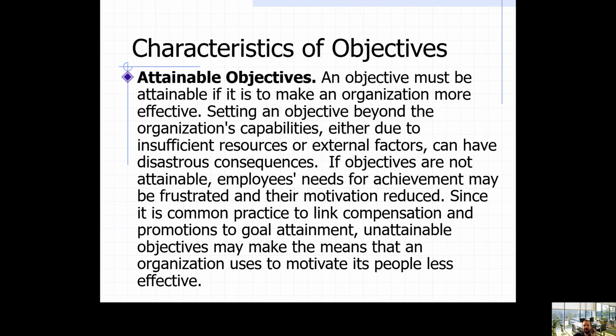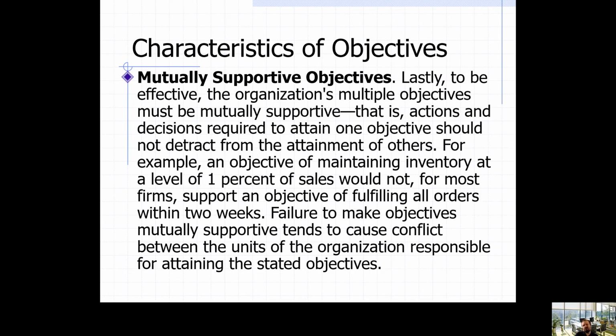So you must be sure that theoretically it is possible to attain this result. And all objectives must be mutually supportive and related to the strategy. So there shouldn't be any conflict between at least two objectives.